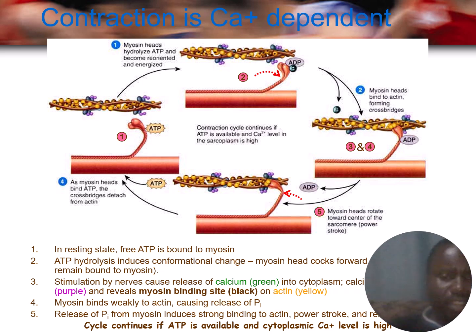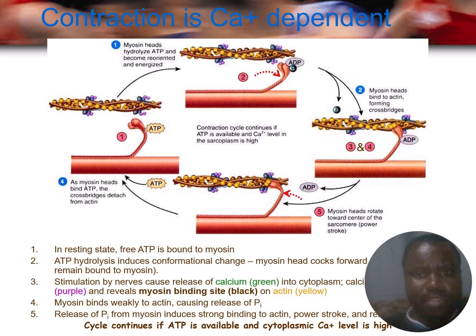So basically, using the sliding filament model, this is what we are explaining here: first of all, ATP should bind to the myosin heads, such that the myosin heads will convert this ATP into ADP, and it will now become active to bind to the actin.